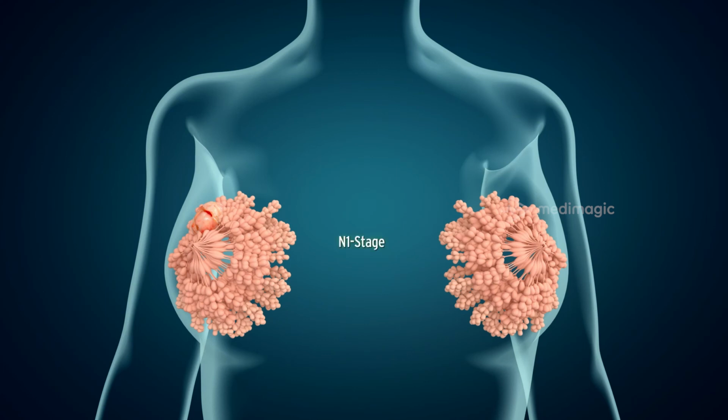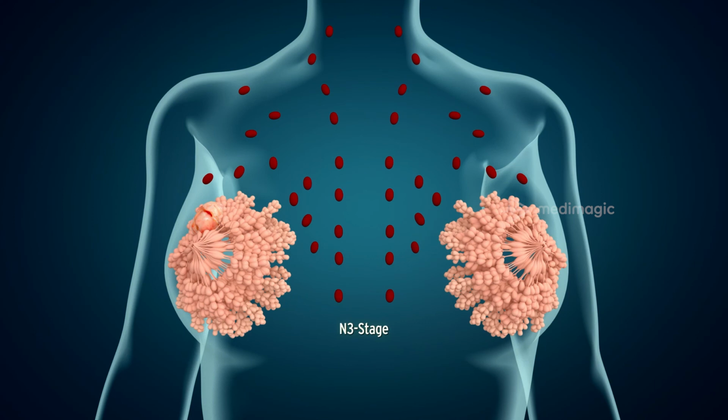N1 stage is when the tumor cells show metastatic involvement of about 1 to 3 axillary lymph nodes. N2 stage is when the tumor starts to spread to the 4 to 9 axillary lymph nodes. N3 stage is the metastatic involvement of infra or supraclavicular lymph nodes. In this stage, more than 10 axillary lymph nodes are affected.